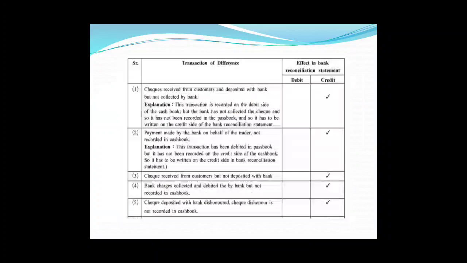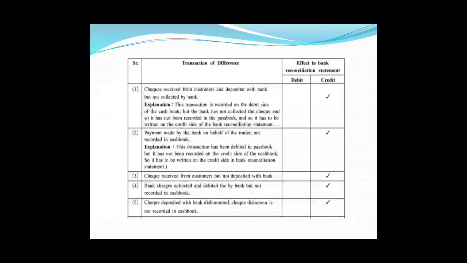Second one, payment made by bank on behalf of trader not recorded in cash book. Bank has paid some amount on behalf of trader from his account, that is from our account, but we have not recorded it in cash book.